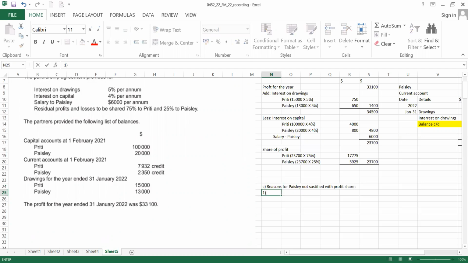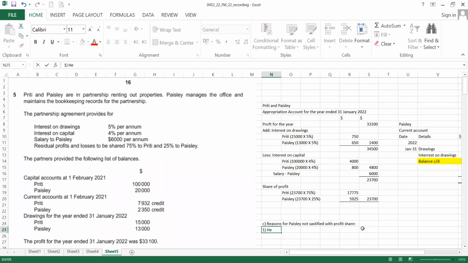Number 1, he gets one quarter only of the share of profit. Therefore, he gets a lot less compared to Pretty.